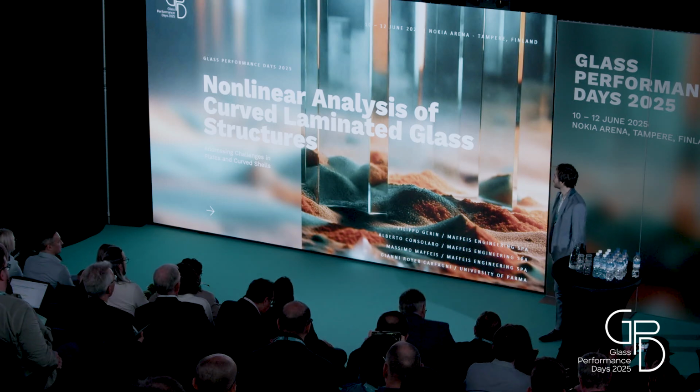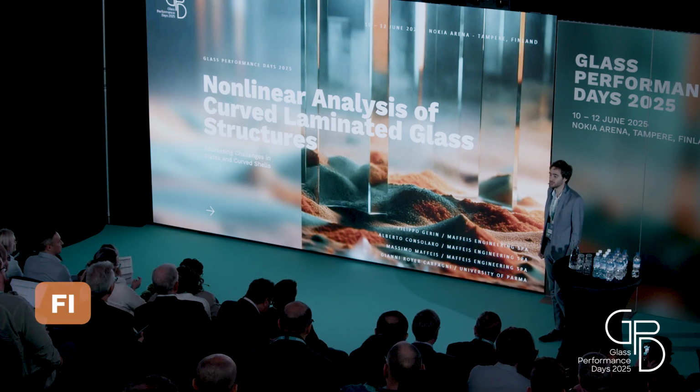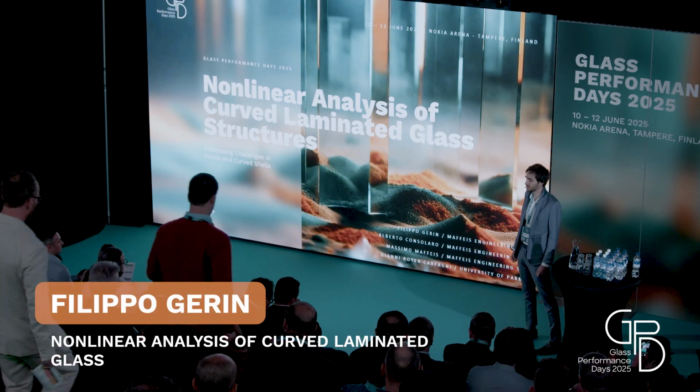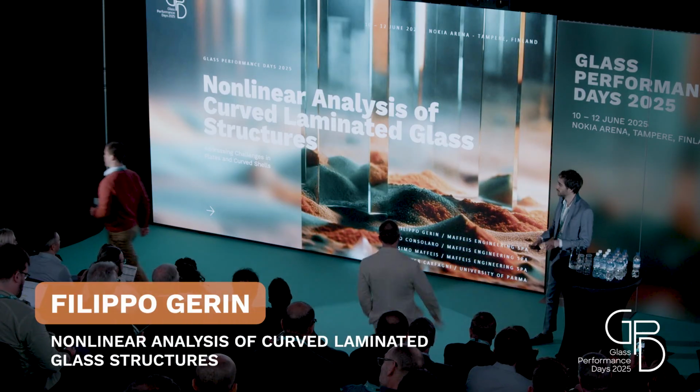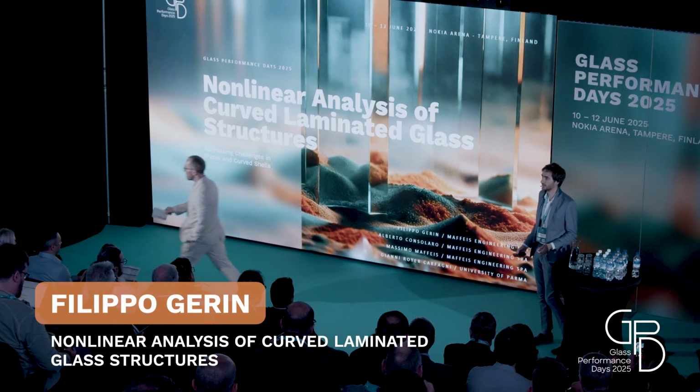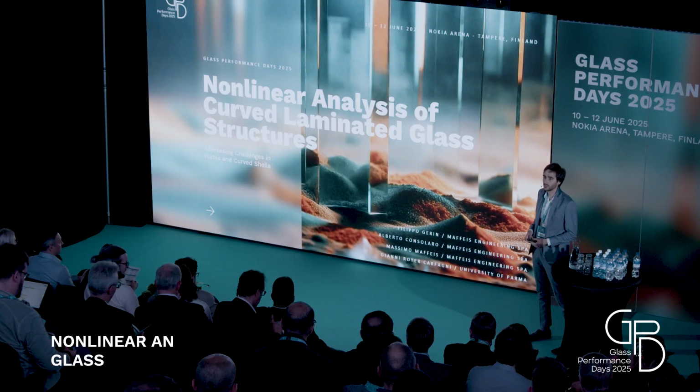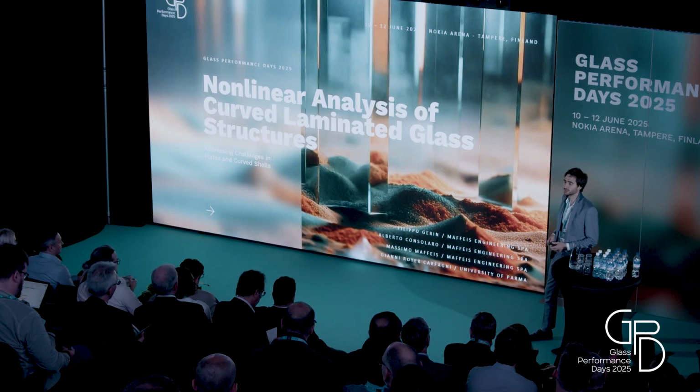Today I will present our new code for the numerical analysis of curved laminated glass structures. We built this code from scratch at Maffei's Engineering in collaboration with the University of Parma.